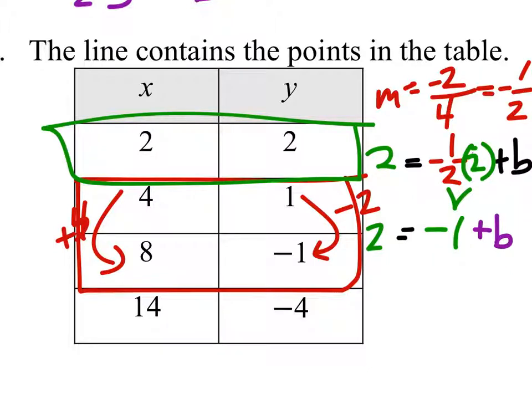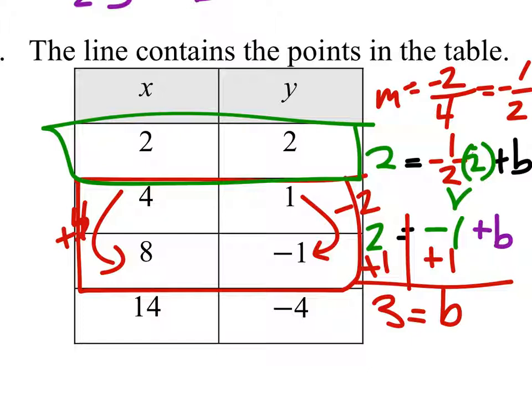To solve for b, we add 1 to both sides to get rid of that 1. So we get b equals 3. Now we can write the equation. y equals the slope, negative 1/2, times x, and then the b value was 3.